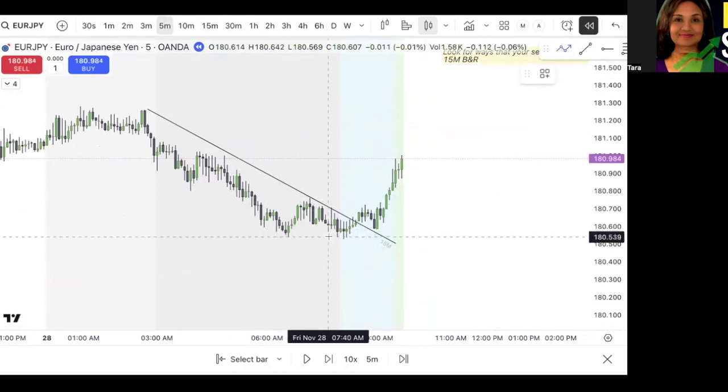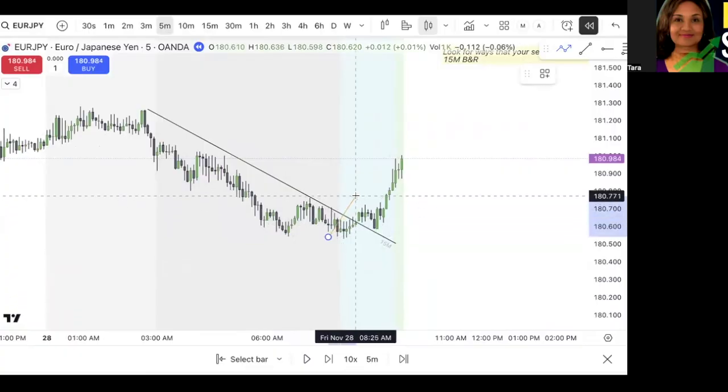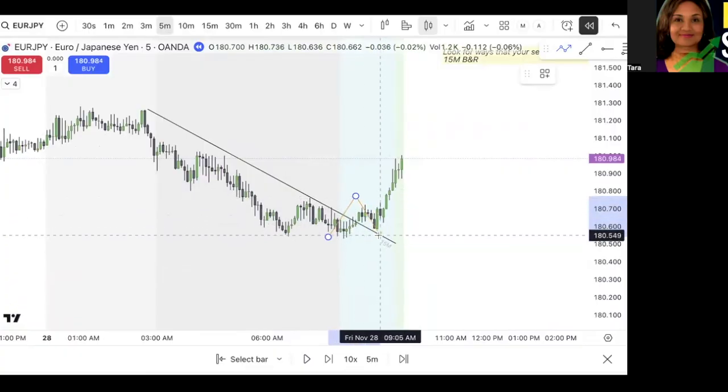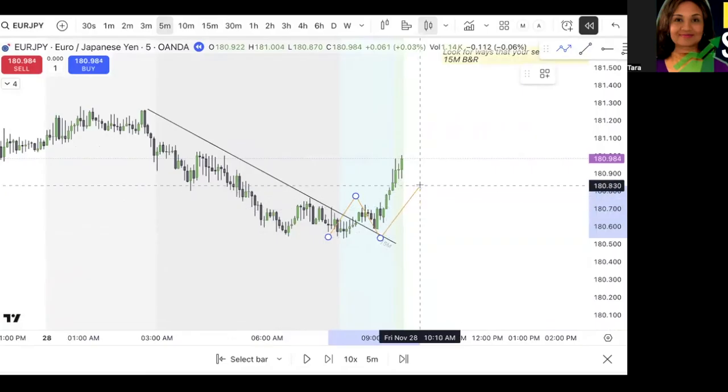So we can see that price broke through the trend line, retested the trend line, and is continuing to the upside.